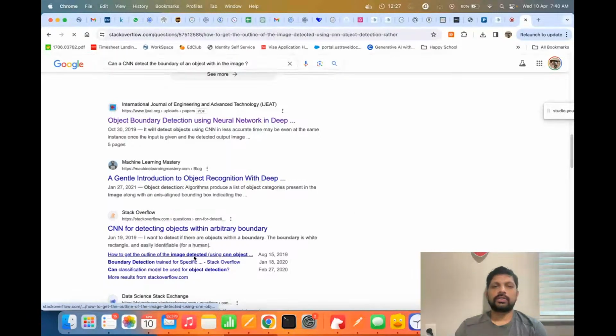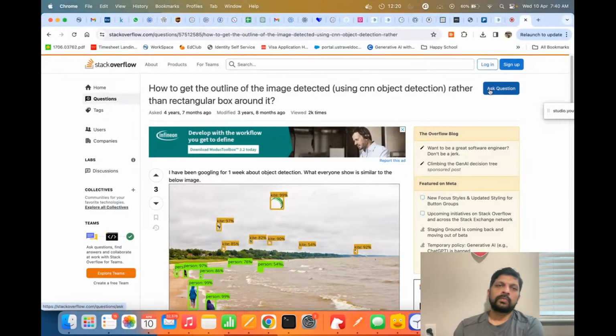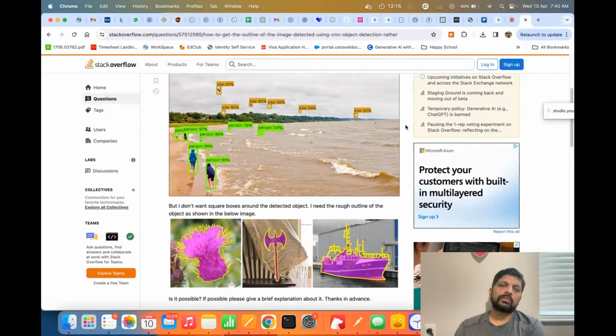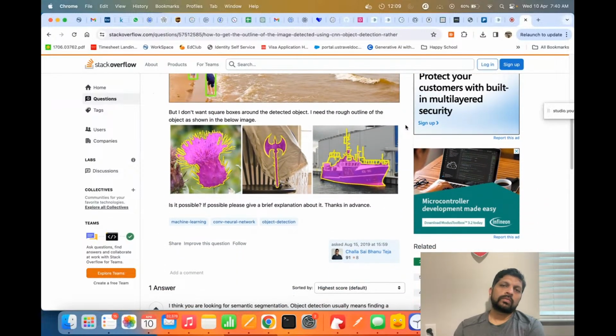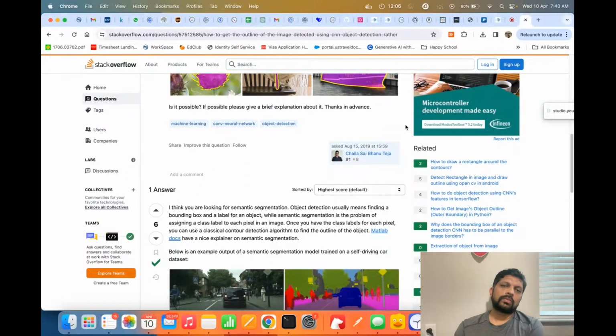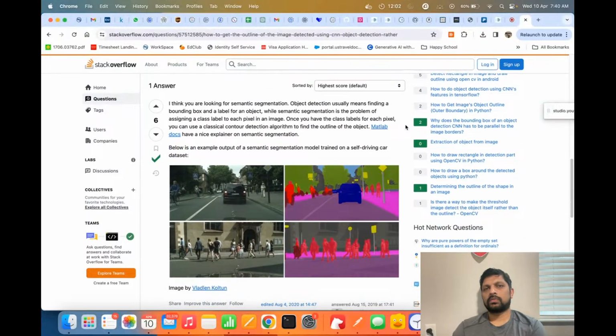Outline of the image detected using CNN. Diagram. Like usually means finding out what's the matter.